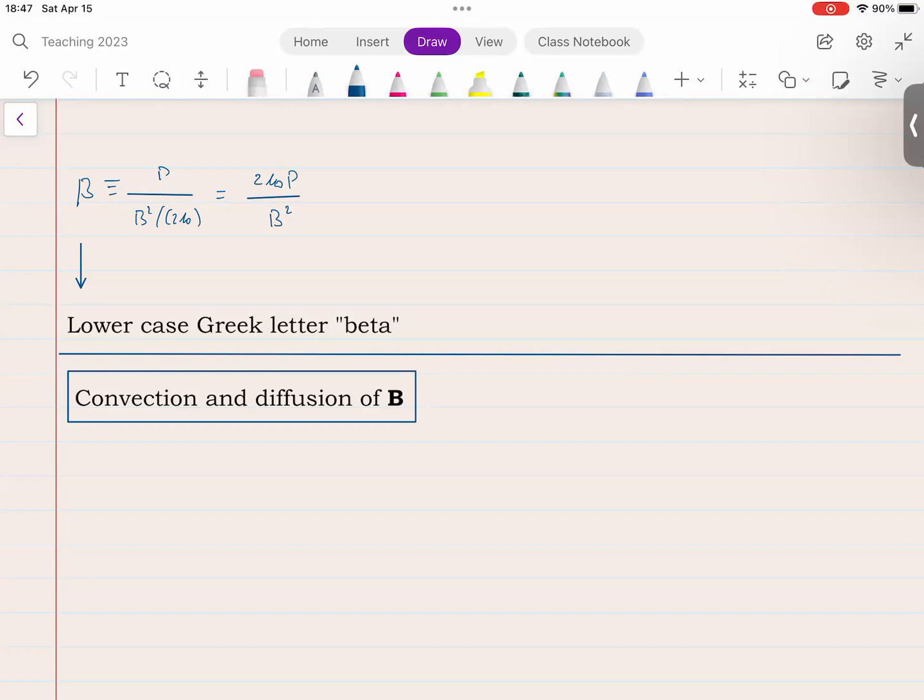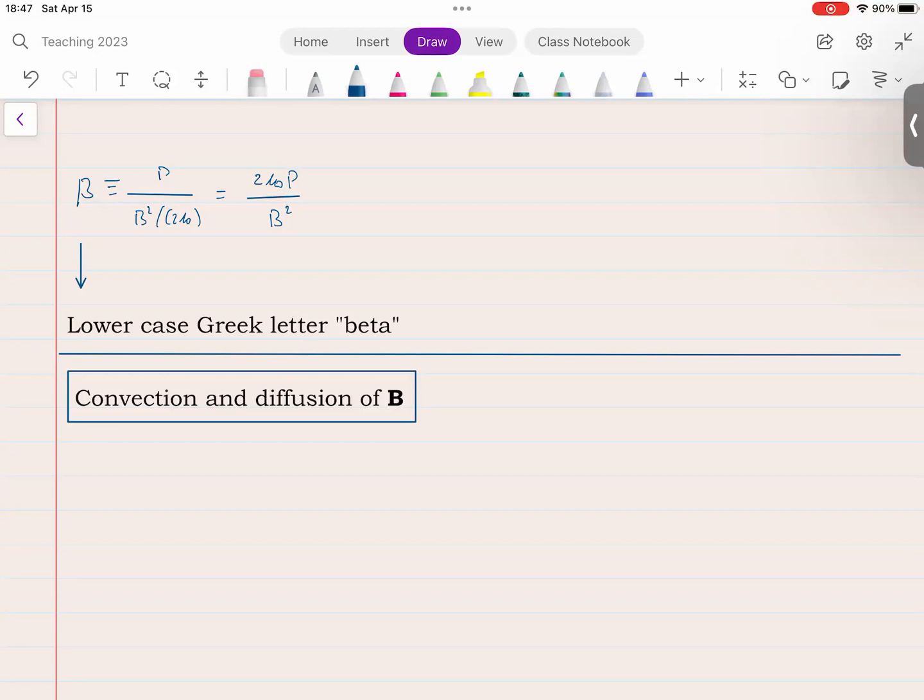And as we'll see, the diffusion process of the magnetic field sets some time scale, which is what we call the resistive time scale of our system.